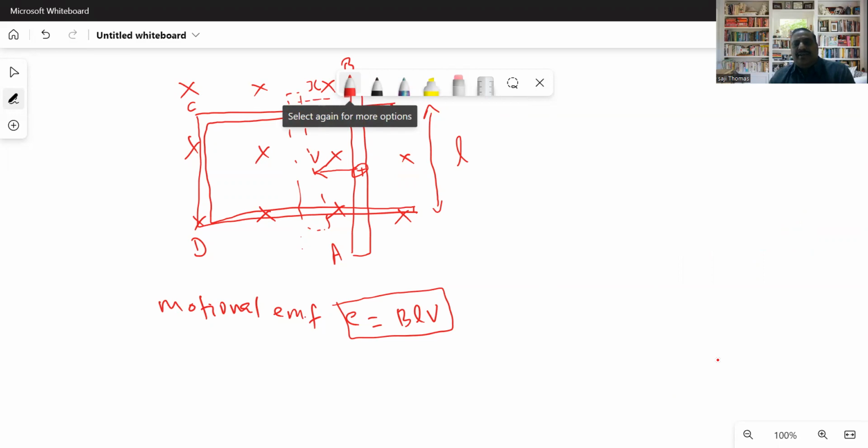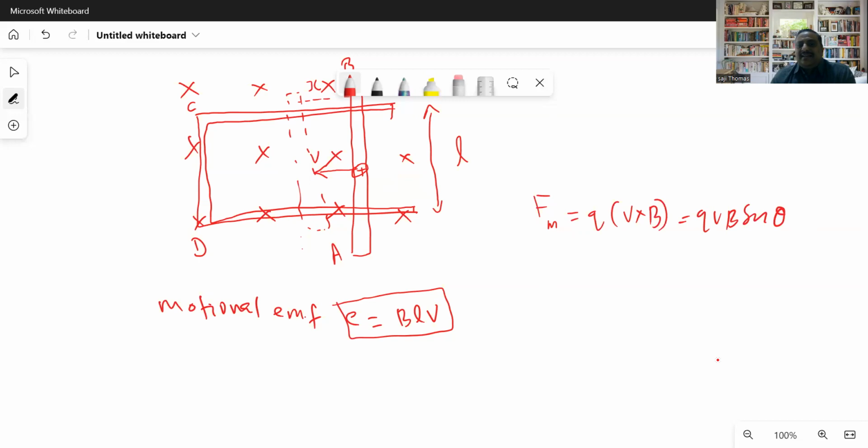F magnetic is equal to QVB sine theta. Here the magnetic field is perpendicular to the conductor, so theta is 90 degrees. So F magnetic is equal to QVB.